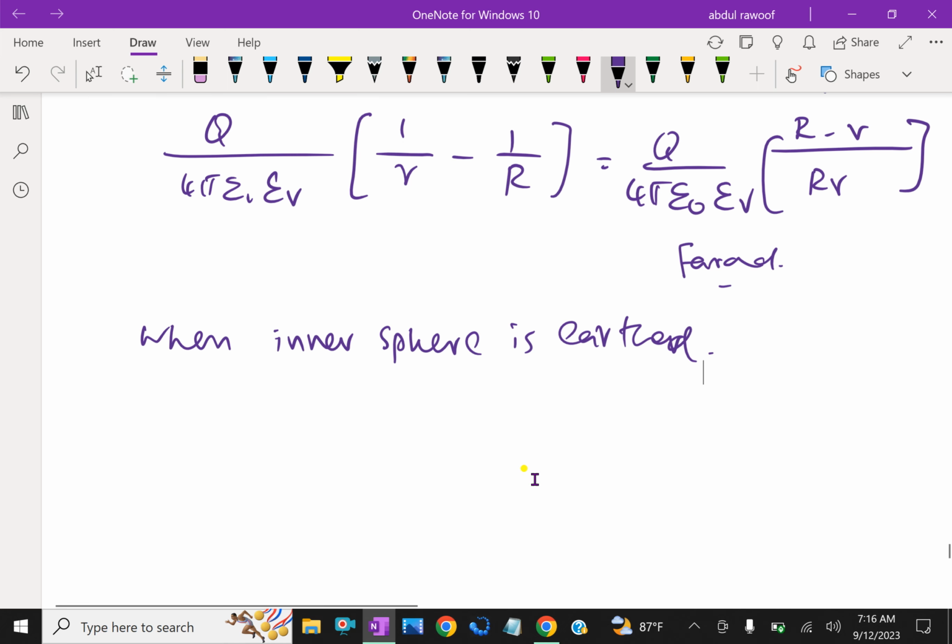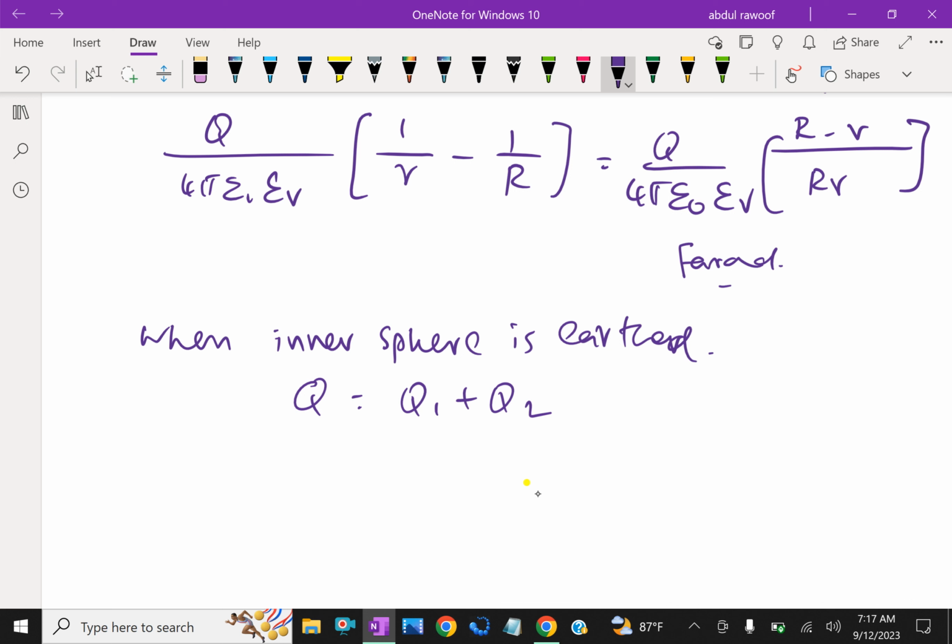When the inner sphere is earthed, then if the charge of positive Q coulombs is given to the outer sphere A, it will distribute itself over both its inner and outer surfaces. Some charge Q2 coulombs will remain on the outer surface of A because it is surrounded by air all around. Therefore, the total charge Q equals Q1 plus Q2.